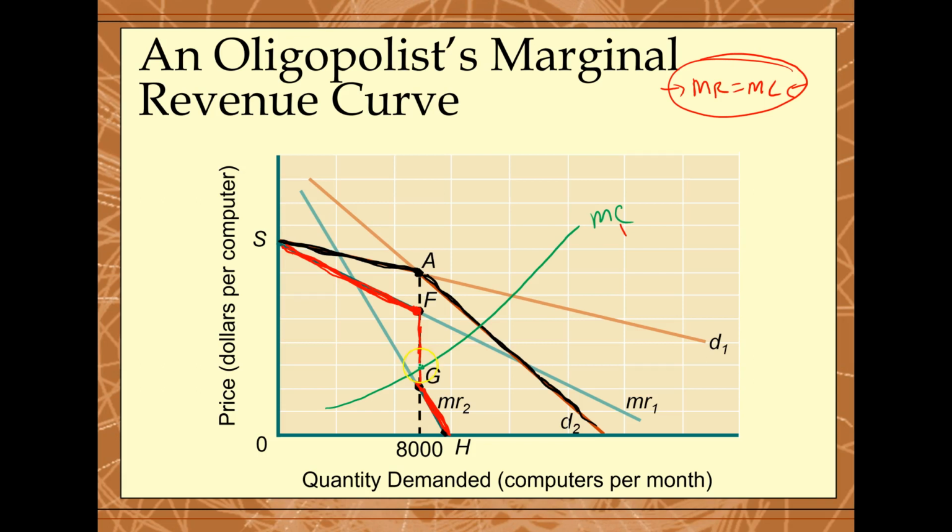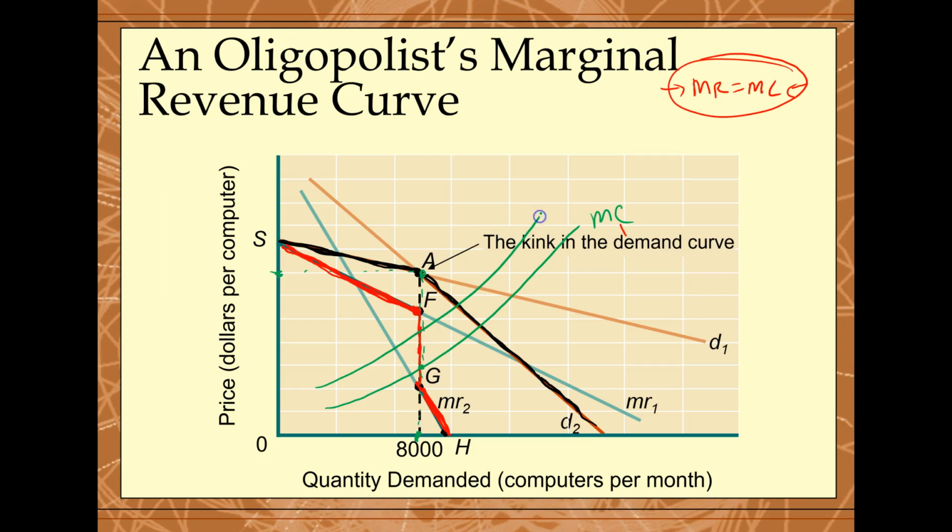Do you see the MR curve is vertical here, and the MC curve is right here? And we find the profit maximizing rate of output by going down here, and then to find price, we go up to the demand curve, and we move over here.